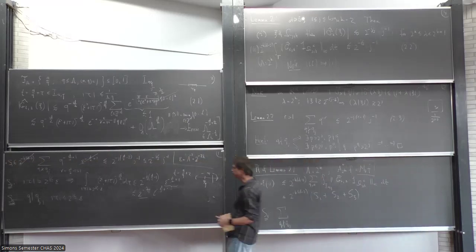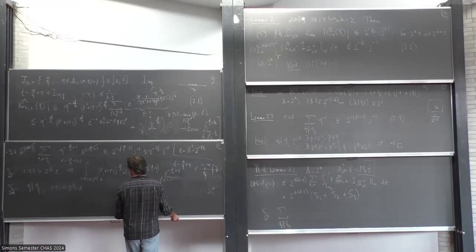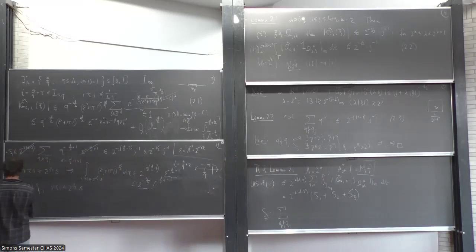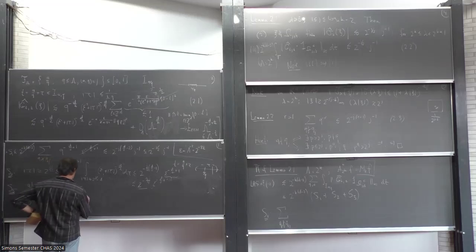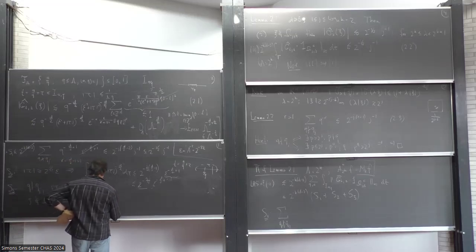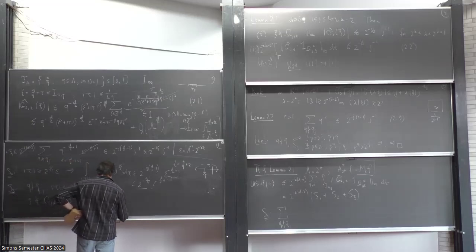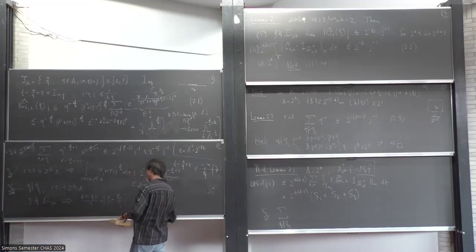So if c is not in omega jk, then what we have is that q times c, divided by q, which is c minus some L0, where that L0 is just the fractional part of q times c.